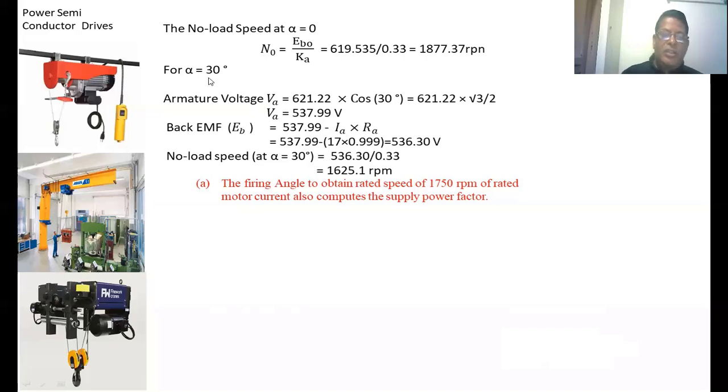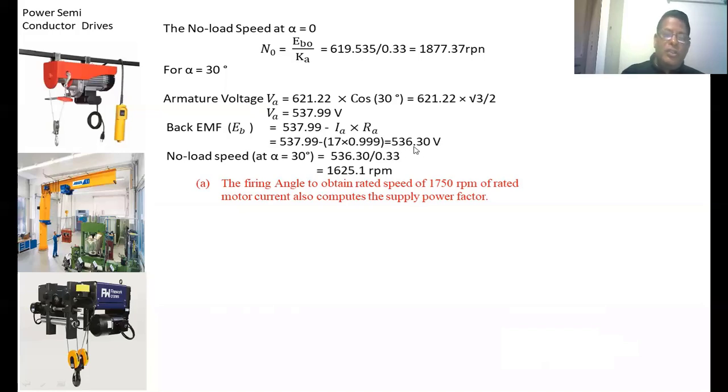How much speed will the motor run at if you take the firing angle alpha equal to 30 degrees? Again you have to calculate the armature voltage. This is the voltage given by the converter with firing angle alpha equal to 0 degrees, which you multiply with cos 30. It gives the voltage at a firing angle of 30 degrees. You are getting the armature voltage 537.99 volts. Again, you have to calculate the back EMF: this voltage minus the armature resistance drop. The armature current in the problem is given as 10%, so 17 into 0.099. We are getting 536.30 volts.